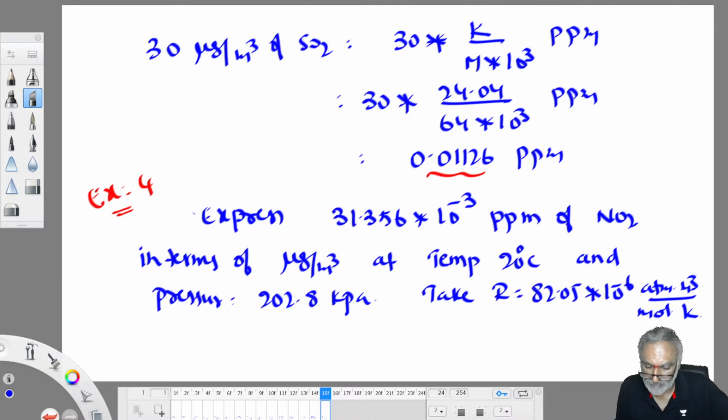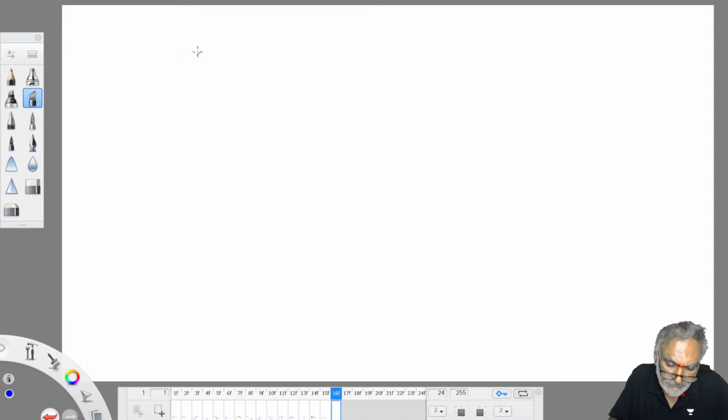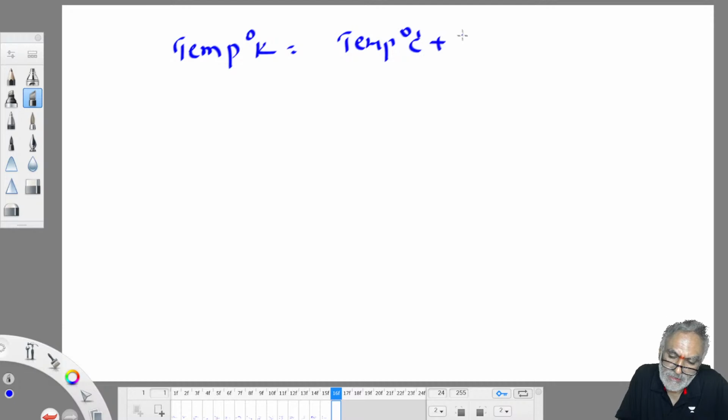So you have to know how to convert kilopascals to atmosphere. That's the trick here. How to convert temperatures to degree Kelvin. So temperature in degree Kelvin is equal to temperature in degree Celsius plus 273. So therefore it is 20 plus 273 is equal to 293 degree Kelvin.